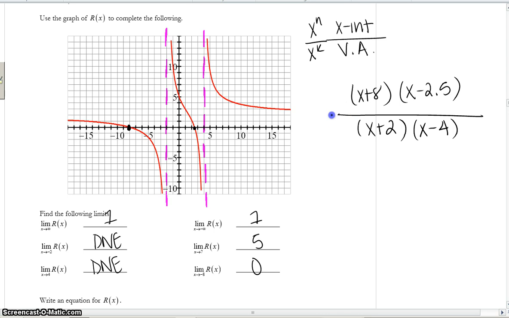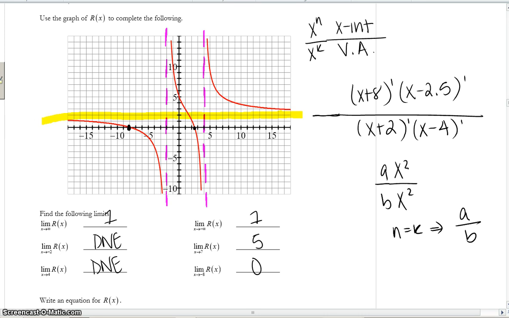Okay, now we need to find our horizontal asymptote. We can see here that there's a little imaginary 1 there. If we were to add those together, you have an x squared over an x squared. And remember that when our n is equal to our k, our horizontal asymptote is the ratio of the coefficients. So let's find what our horizontal asymptote is. It looks like it's at about here at y equals 2.